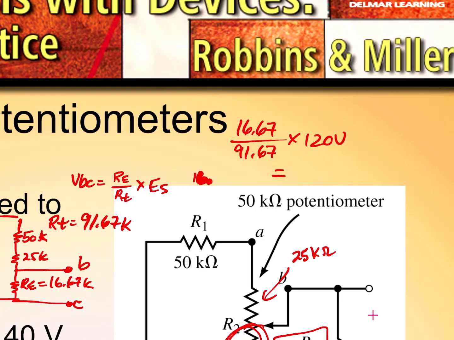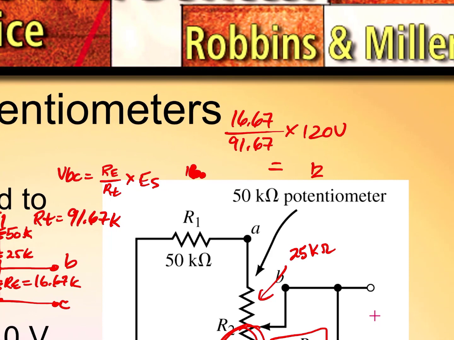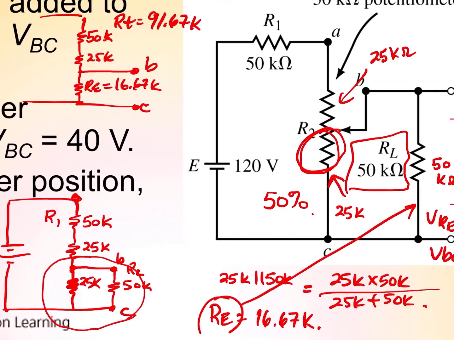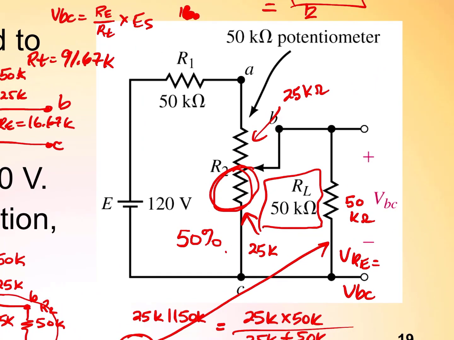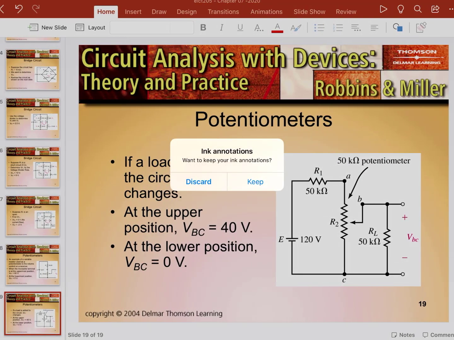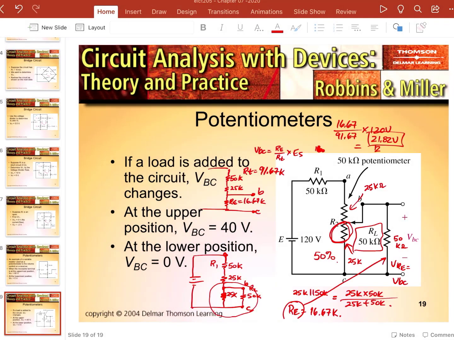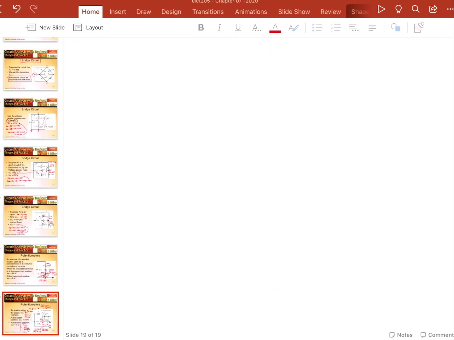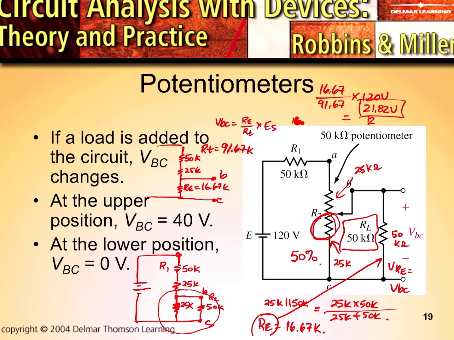So 16.67 divided by 91.67 multiplied by 120. That's going to give you 21.82 volts. That's going to be your VBC value when you have the potentiometer set at 50%.